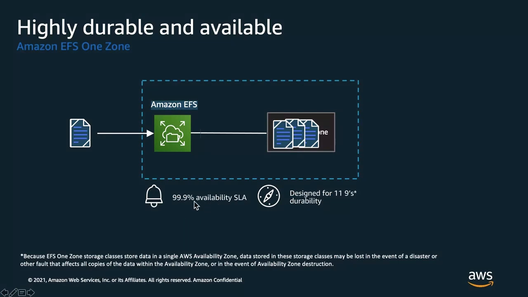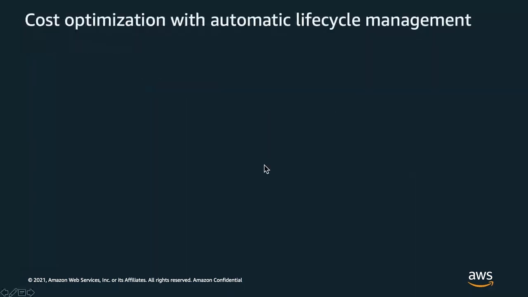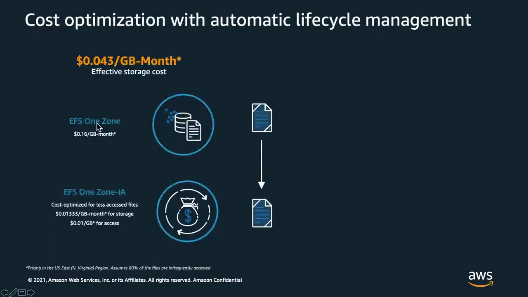However, there is 1 less 9 of availability in EFS One Zone. Of course, this can also be backed up using the integration that we have with the AWS native backup solution. So we talked about EFS Standard, and we talked about EFS One Zone to reduce your cost. Typically, you can reduce your cost by 47% by using EFS One Zone. That automatically brings us to the next topic: how do you optimize costs with automatic lifecycle management.